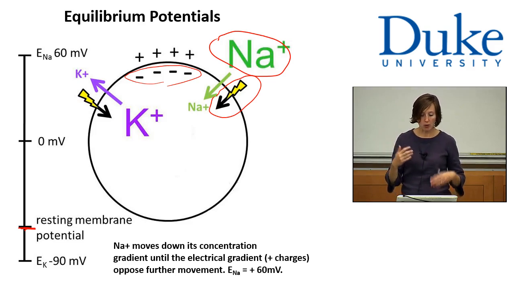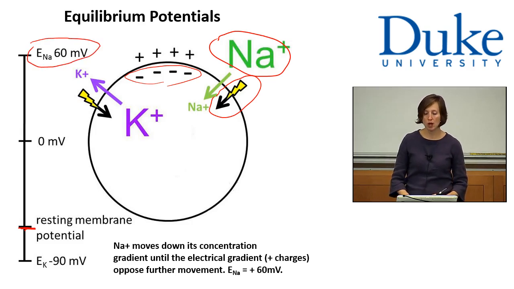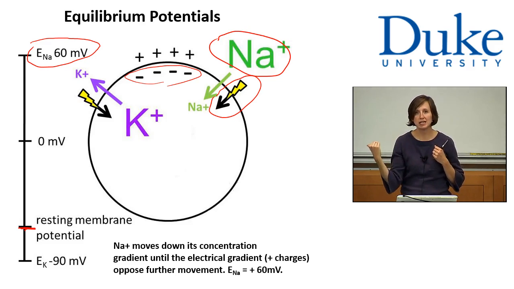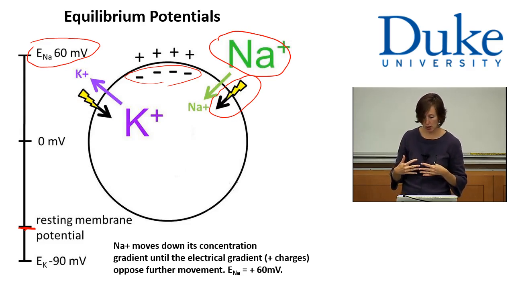And so we will get to a spot which in a normal cell or in a neuron is often about a positive 60 millivolts, where there's so many positive charges inside the cell that sodium still wants to come in because it still has a chemical gradient, but it now also wants to leave because the inside of the cell is so positive. And so at that point you've reached the equilibrium potential for sodium, if only sodium channels are open.